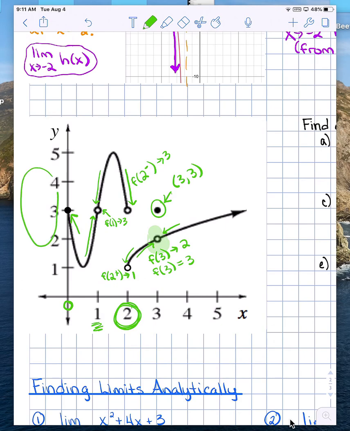From the left, though, there is no function. We're not approaching anything from the left. This function doesn't have any values to the left of 0. Therefore, we would say this limit does not exist. We have to be able to approach from the right and from the left. But this function doesn't exist from the left. Therefore, this limit doesn't exist. We are not approaching a value from this left-hand side. So from the left doesn't exist.